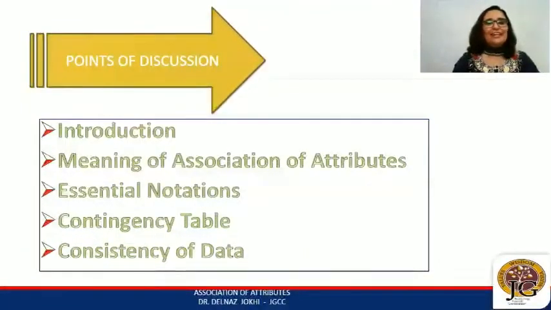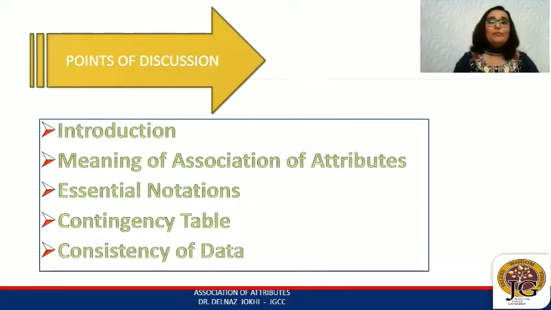In this first lecture, please have a look at the points that I will be covering. First, I will be introducing the concept and the chapter to you. Then we shall see the meaning of association of attributes, and some essential notations which we will be using in the sums and the tables would first be explained and understood.